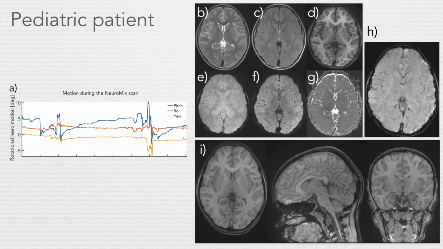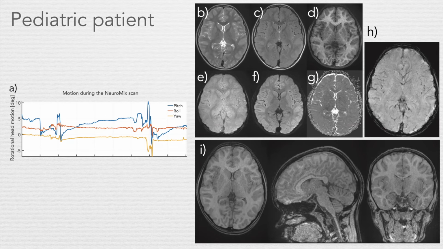Here I show a case where we scanned NeuroMix on a pediatric patient who was moving significantly. Here you can see movements of about minus 5 to plus 10 on the y-axis, so more or less 10 to 15 degrees of head motion. As usual, pitch motion or nodding motion is the most prevalent type of motion. But still, with that kind of motion, we get good image quality.